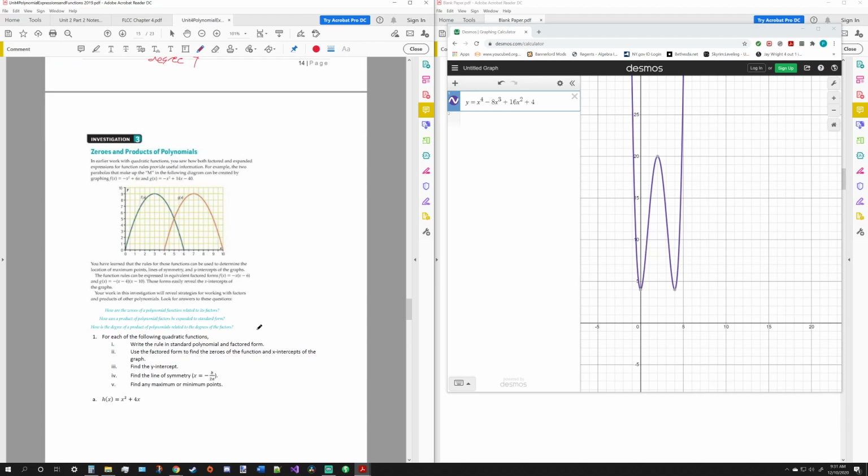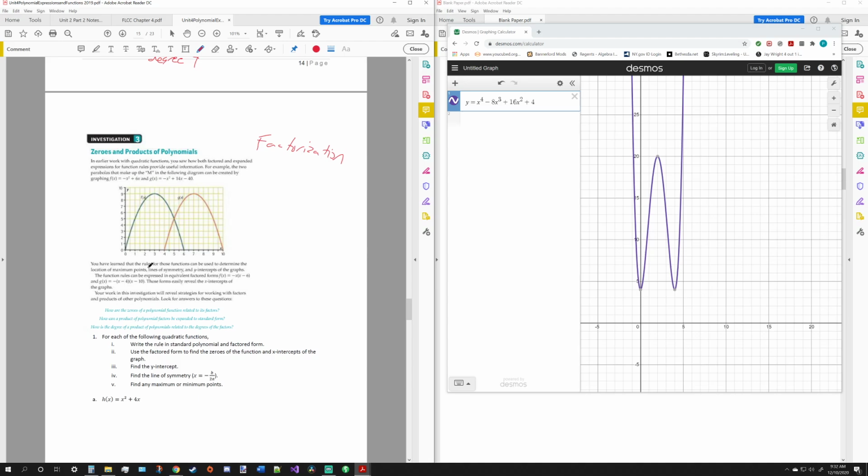So, zeros and factors. This is called factorization. So, if you guys remember from quadratics, when we factor, the solution or the x-intercepts are the opposite sign of the factor, right?